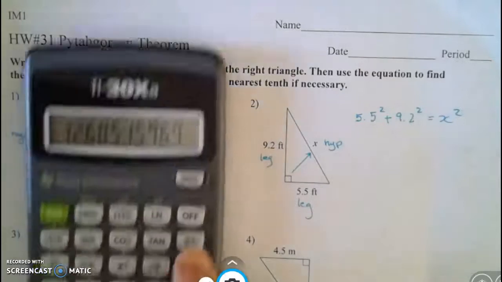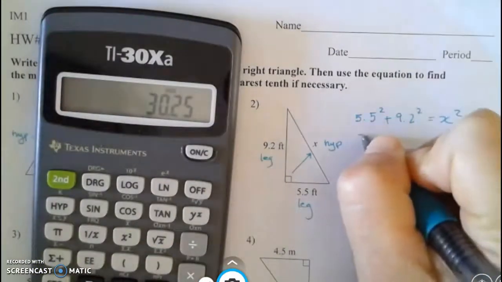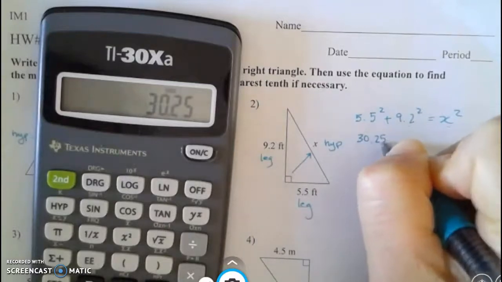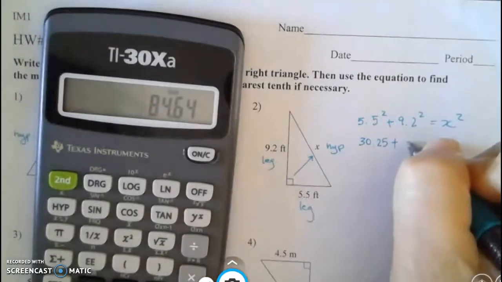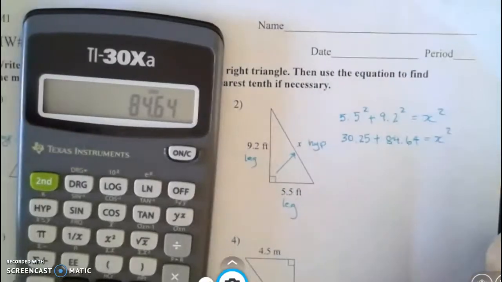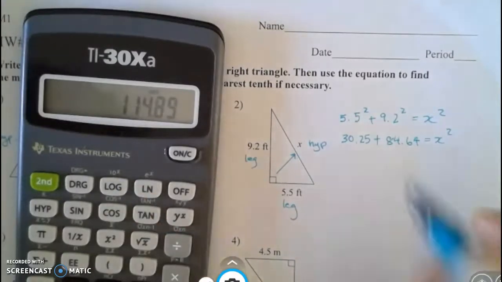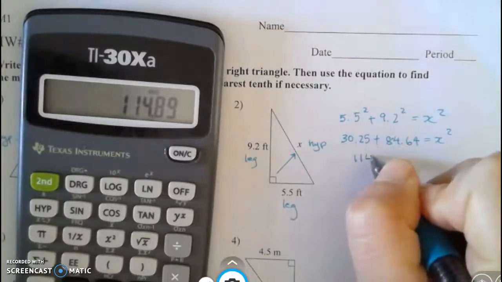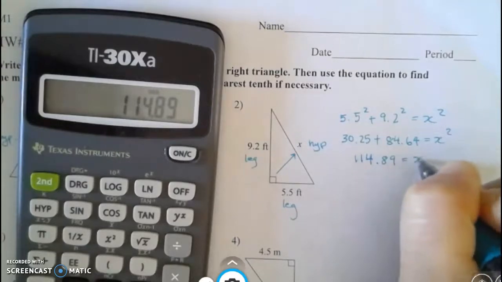Okay, and 5.5 squared is 30.25, and 9.2 squared is 84.64. Now from here I want to add this number to the previous number 30.25, and that leaves me with 114.89 is equal to x squared.